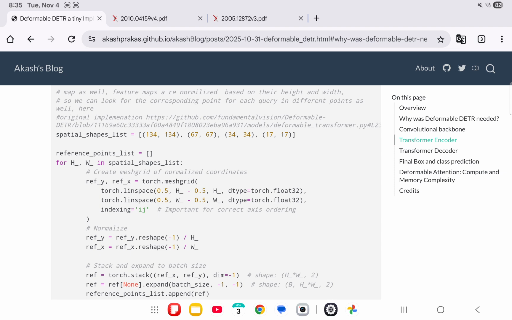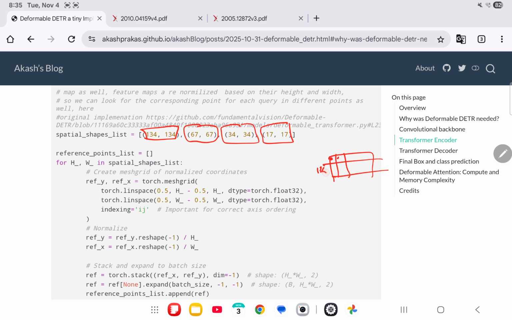Now I will look into the implementation details of what we just discussed. Initially what we need is reference points of each query. Each query is from a feature map, so we can get the reference point from each feature map. The reference point of each query is the center point of each reference map.